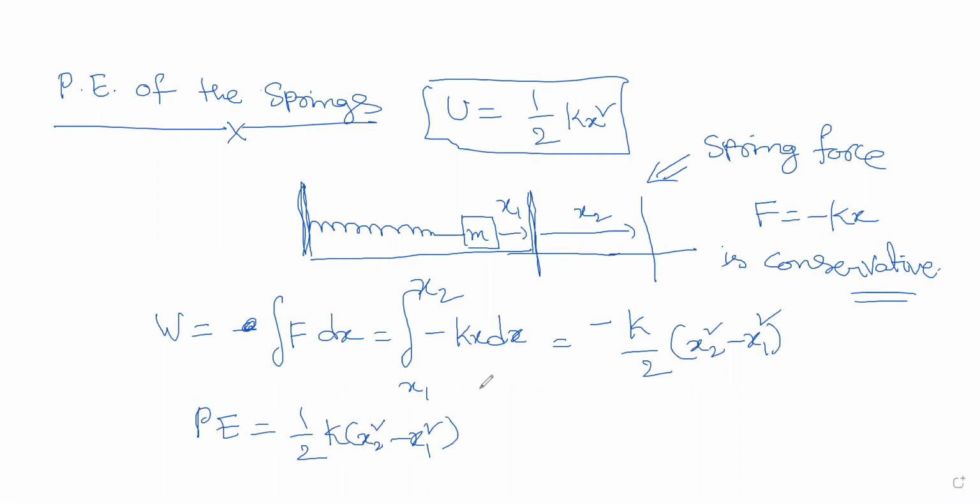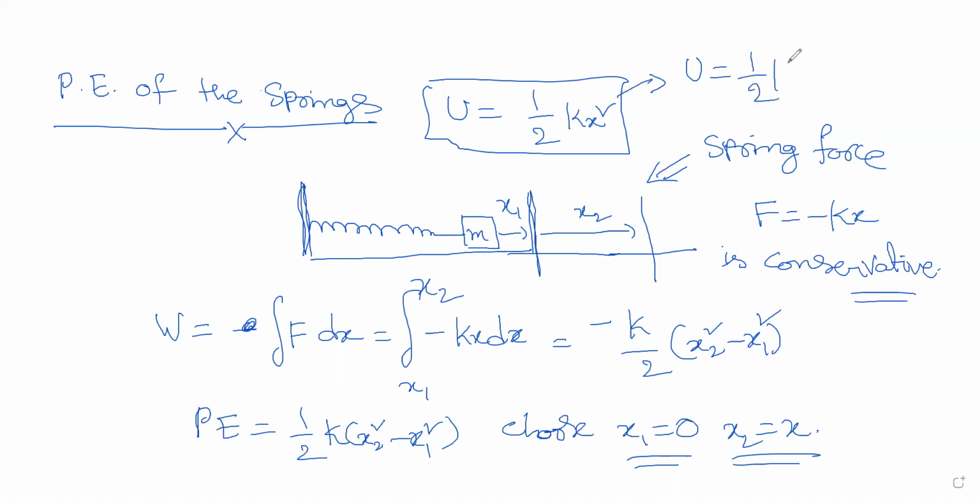Now choose x1 is equal to 0 and x2 is equal to x. We can choose like this. After the choice, you have U is half kx square, and that's the equation for the potential energy of the spring.